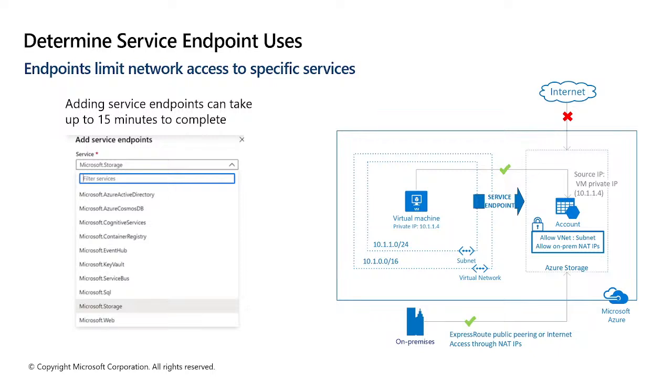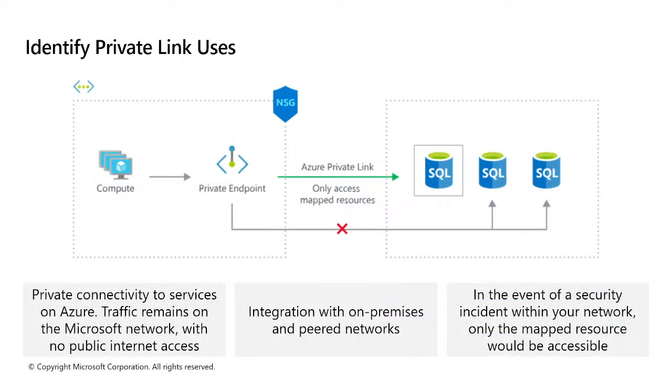I'm only extending my virtual network to identify services that have actually opened via this service endpoint. So connection is not to just any endpoint, only to the type of endpoint I've actually opened. So that's what the service endpoint is for.